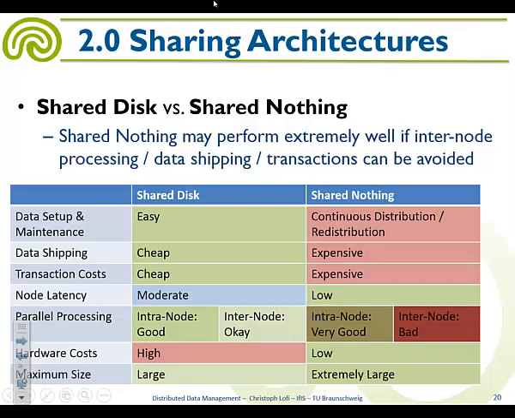What does transaction cost mean? Transaction cost means if you have a real database transaction. And database transactions, as you probably know, are a set of multiple database commands, so multiple reads and multiple inserts, which have to be executed under certain constraints. So for example, atomic and consistent and so on.